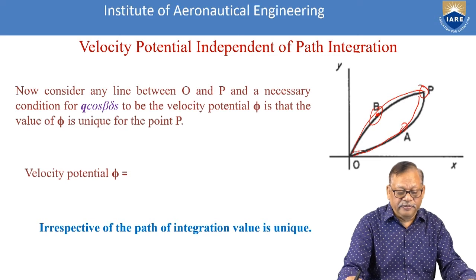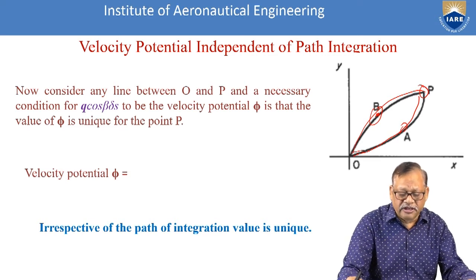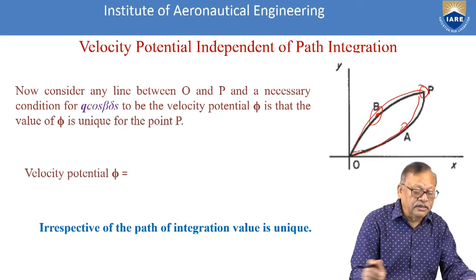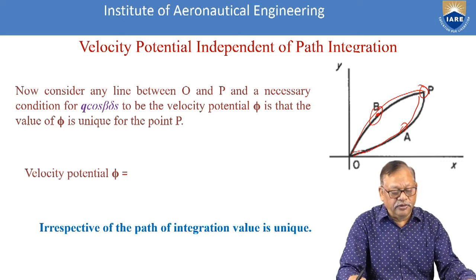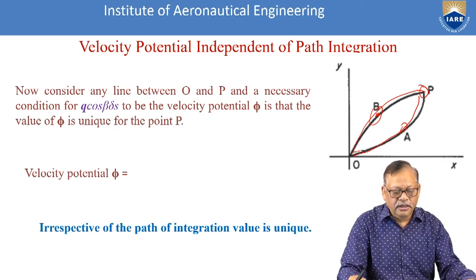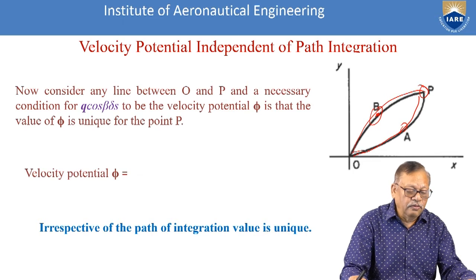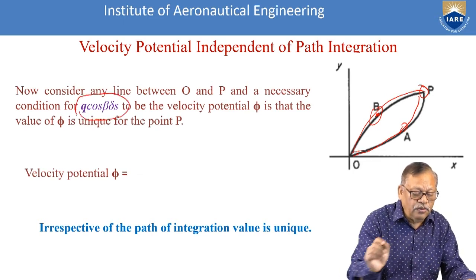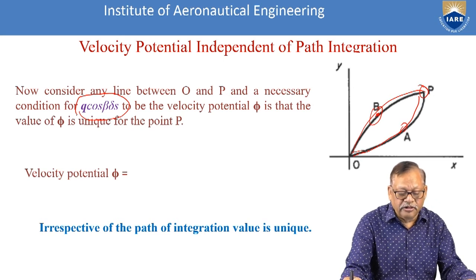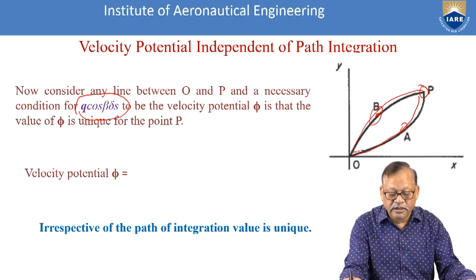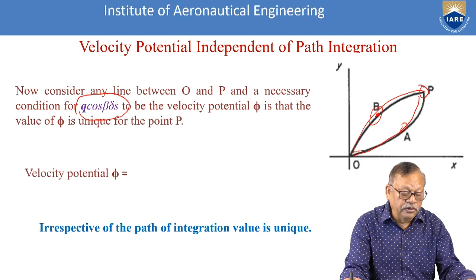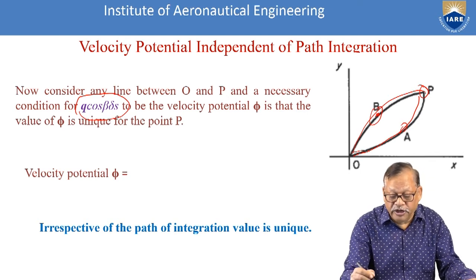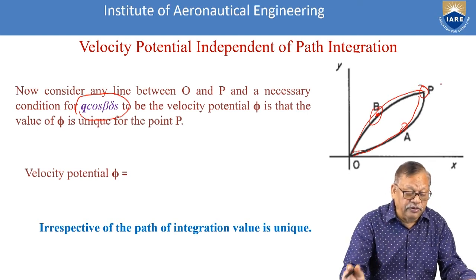So what will happen? We now consider any line between O and P, and what are the necessary conditions we should have? For Q cos beta ds to be the velocity potential phi, the value of phi should be unique. Irrespective of the path, if we have fixed a point, we will get a unique value.